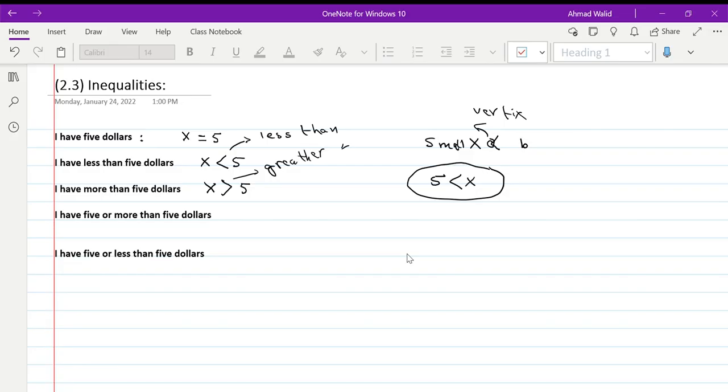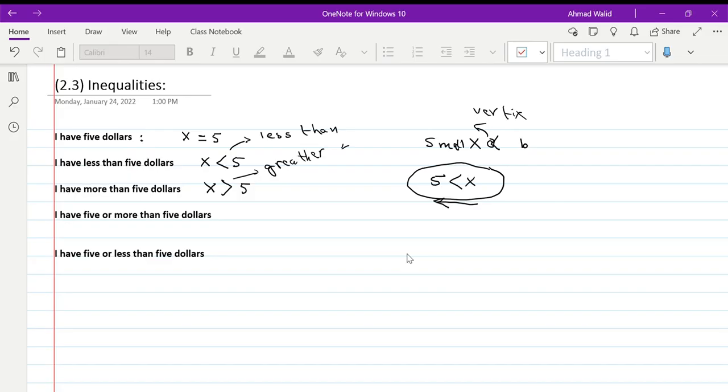If you write this way, then you have to read your inequality from right to left. Or in a simple sentence, when you read an inequality, always read it from the variable side, not from the number side. Do not read 5 less than X. Read X greater than 5. Correct?